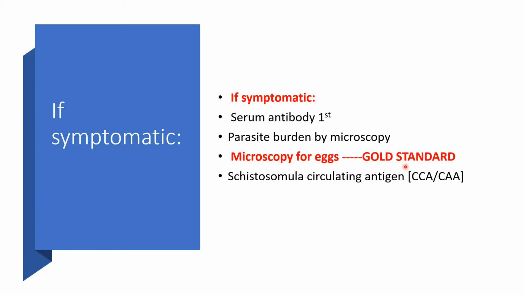Okay, like one with terminal spine and the other one with lateral spine, and so on. Just check back. Then schistosomal circulating antigen, like circulating cathodic antigen and circulating anodic antigen. We will do all those in an individual that is symptomatic immediately.